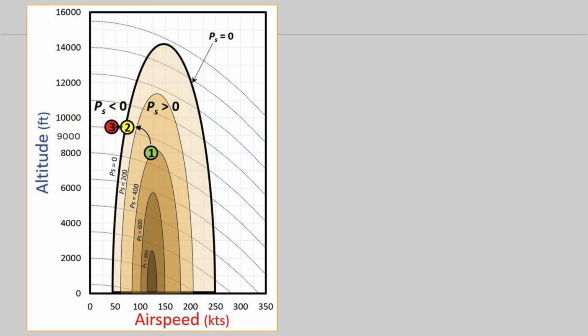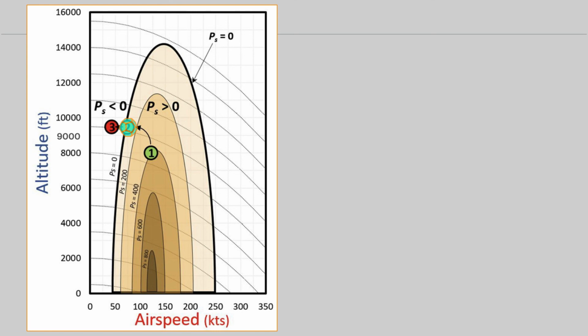Using the energy map and specific excess power contours to discuss the same situation, we can follow along as the airplane moves between and along energy levels. The airplane is at full power. At position 1, the pilot becomes aware of rising terrain. As there is still some excess power available, they can climb to a higher energy level from roughly 8,000 feet to 9,500 feet in this example at position 2.